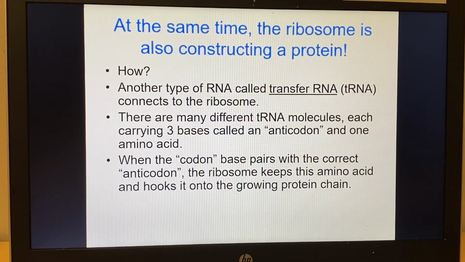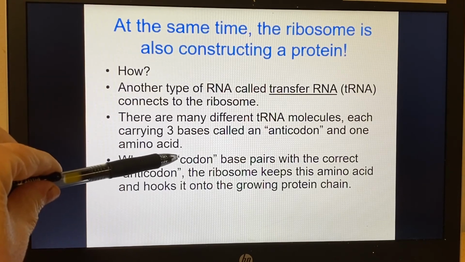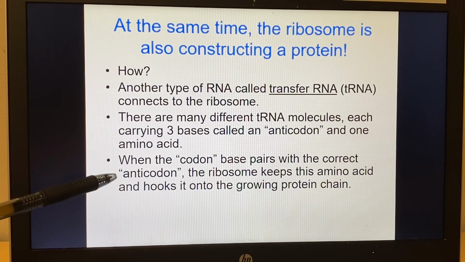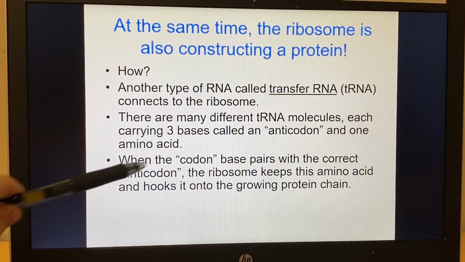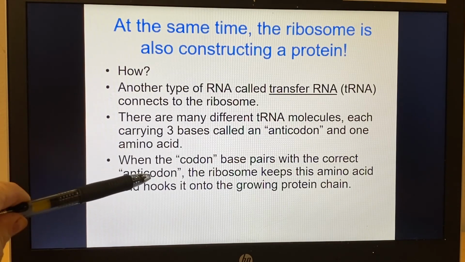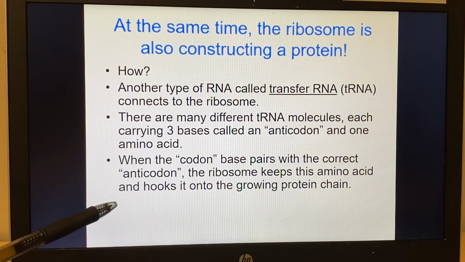So the key is the codon present on messenger RNA base pairs with the anticodon present on the transfer RNA. And when these two base pair properly, the ribosome says, okay, we have a winner, and it keeps that amino acid and hooks it on to the growing protein chain. The transfer RNA then floats away, picks up another amino acid of the same type, and basically gets recycled.